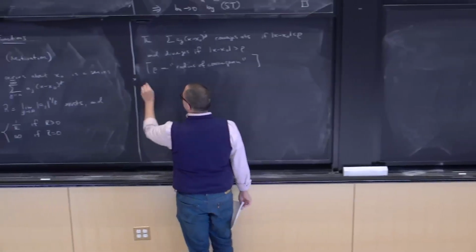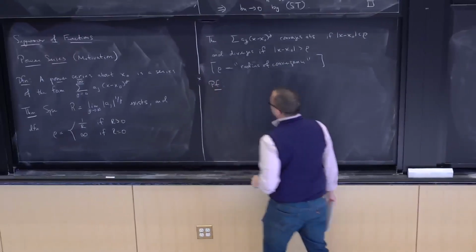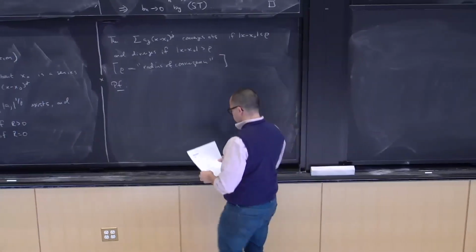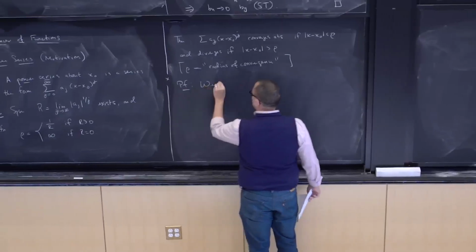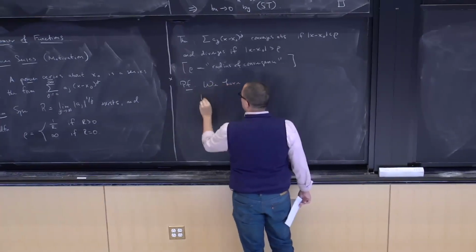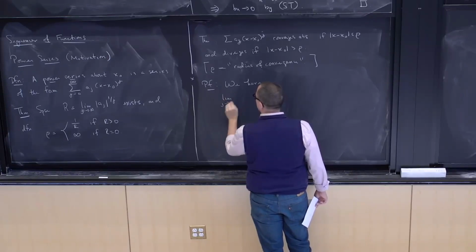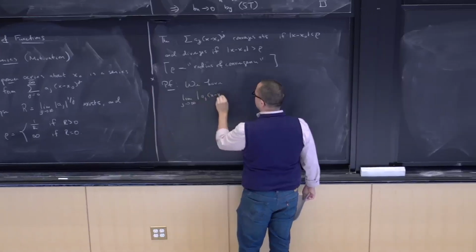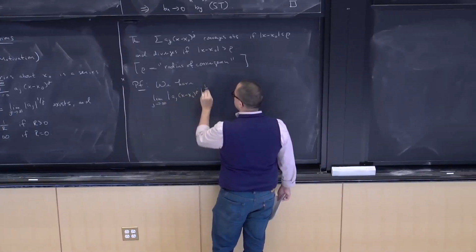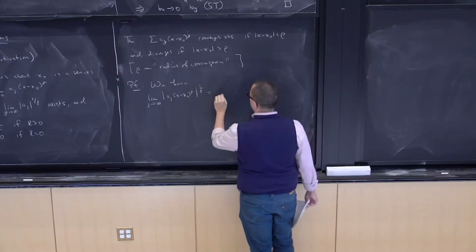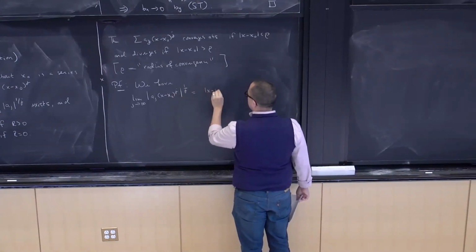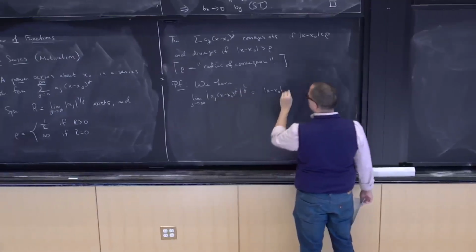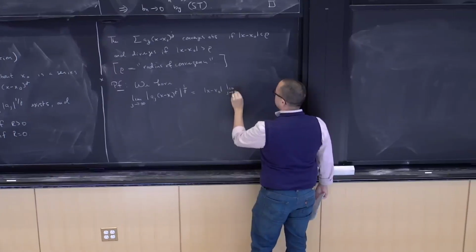So, again, the proof follows immediately from the root test, because if we take the limit as j goes to infinity of the absolute value of a sub j times x minus x naught to the j, to the 1 over j, this is equal to the absolute value of x minus x naught. This kills that j. This is just a fixed number, so this pops out of the limit.